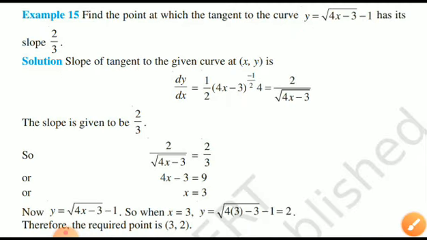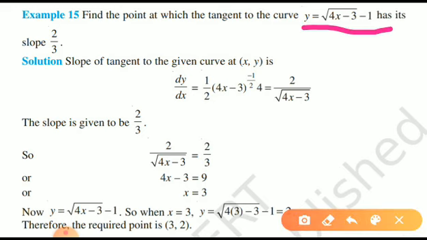Now, next: find the point at which the tangent to the curve y equal to root of 4x minus 3 minus 1 has its slope 2 by 3.